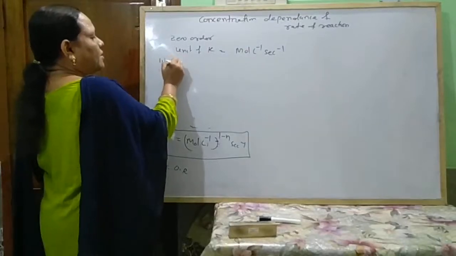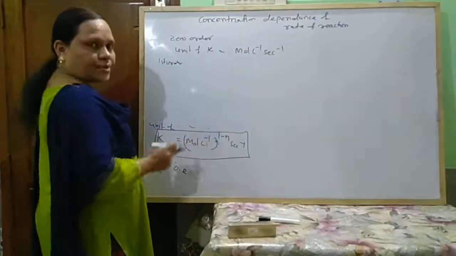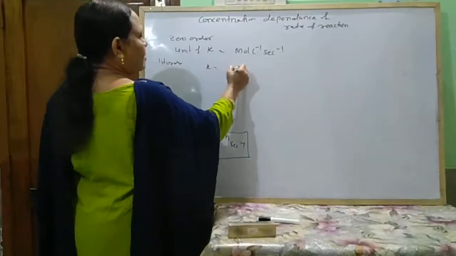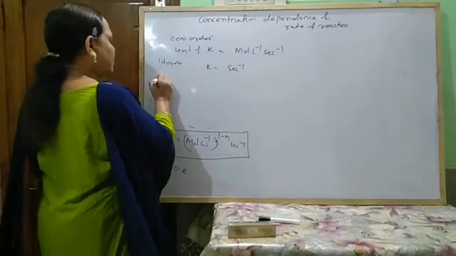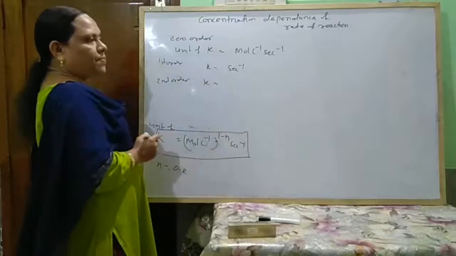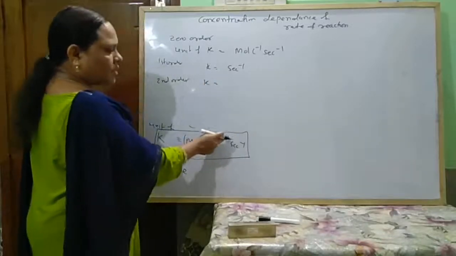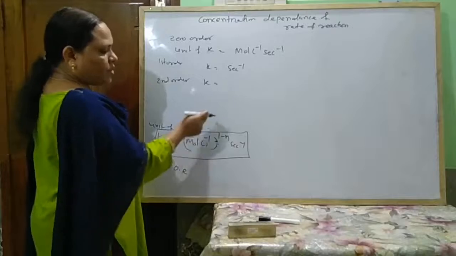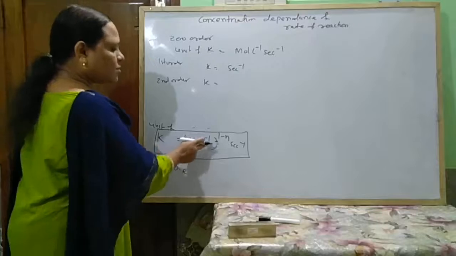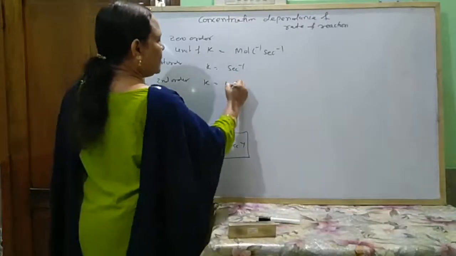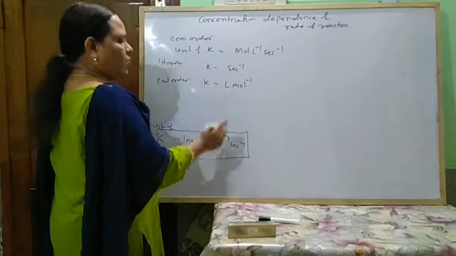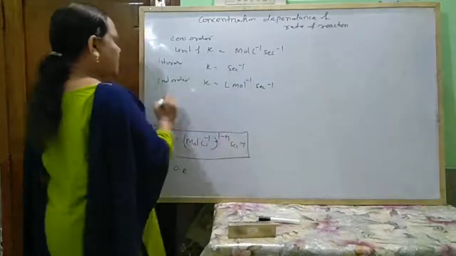For first order, n value, 1 minus 1, 0, unit of K only second inverse or time inverse. For second order, what is the unit of K? That is equal to 1 minus 2, that is equal to minus 1. Mole liter to the power minus 1 becomes liter mole inverse, second inverse.